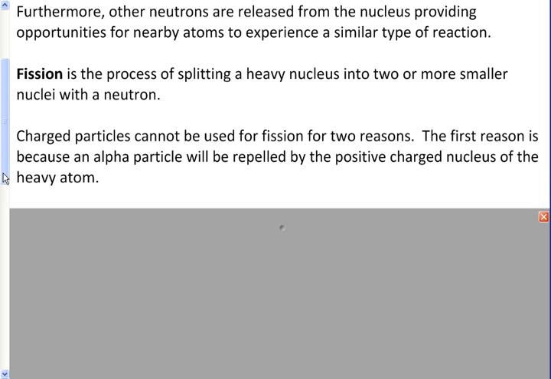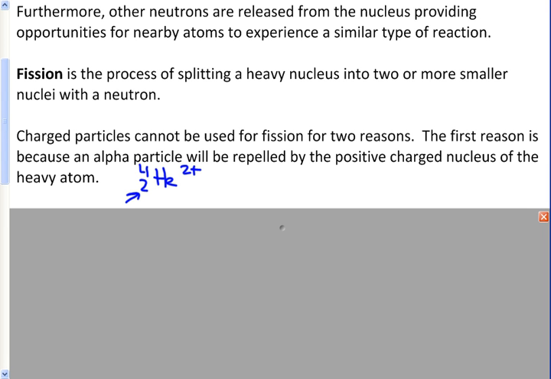Charged particles cannot be used for fission for two reasons. The first reason is because of an alpha particle, for example. Remember that an alpha particle is a helium nucleus, which has an atomic mass of 4 and atomic number of 2, and there are no electrons on here, so because of those 2 protons, it will have a positive 2 charge.